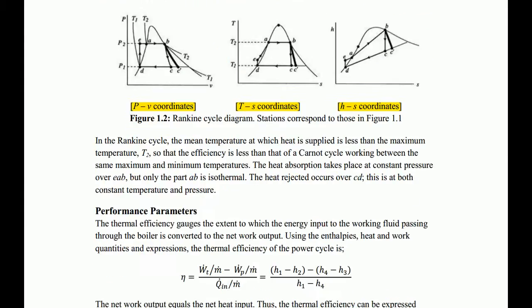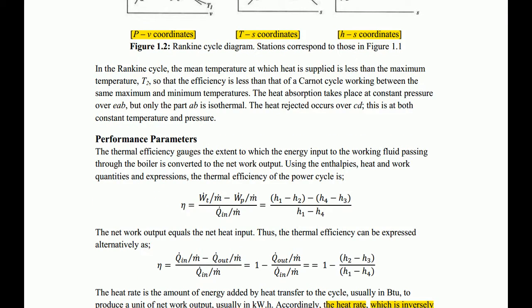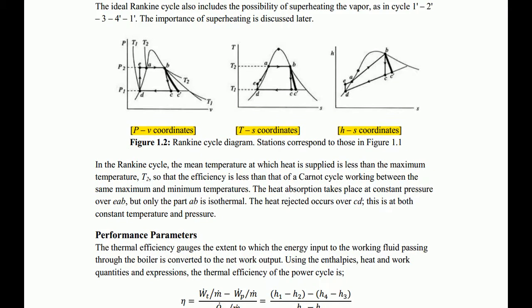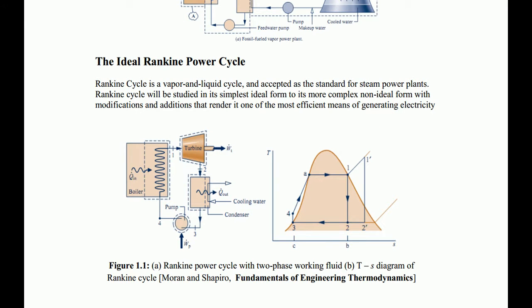So further discussion is about the performance parameters, that is basically the efficiency of Rankine cycle. Efficiency, you all know, is output over input, the ratio of output to input. Our output is the net output: from state 1 to 2 there is an enthalpy drop and work is taken from the turbine, but we have already given work through the pump, from state 3 to state 4.